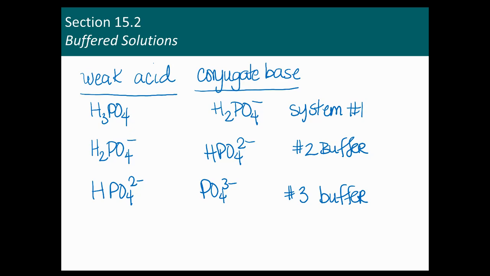But I want you to realize that when you're looking at buffered solutions, it's going to be the weak acid and its conjugate, and remember, they vary by one less H+. So in other words, we'd never, ever talk about a buffer of H3PO4 and phosphate. That's not a thing.